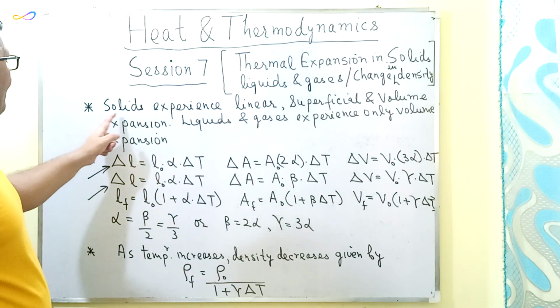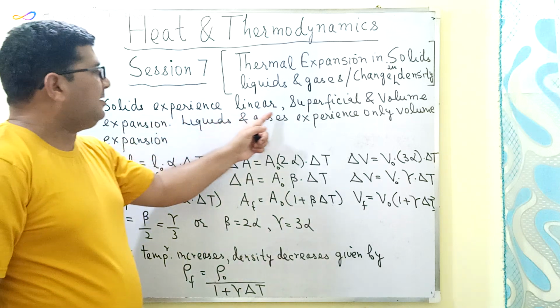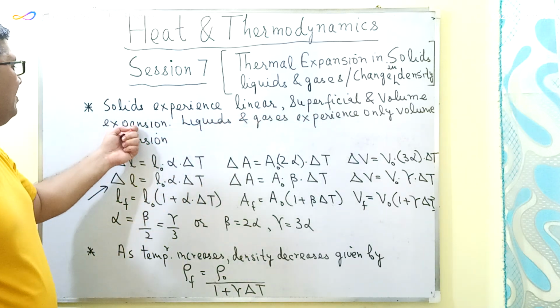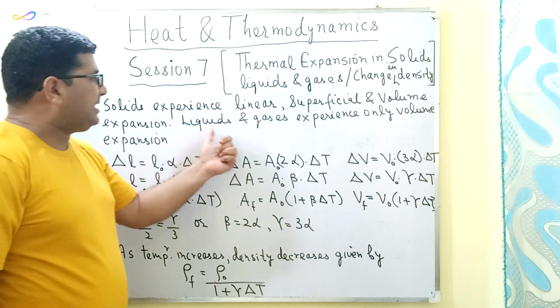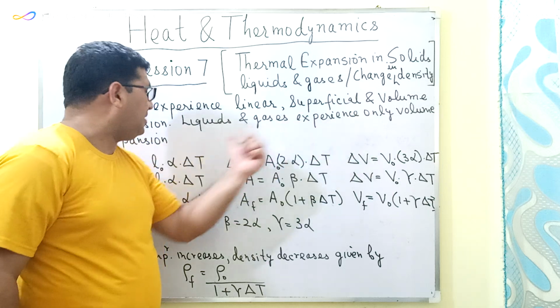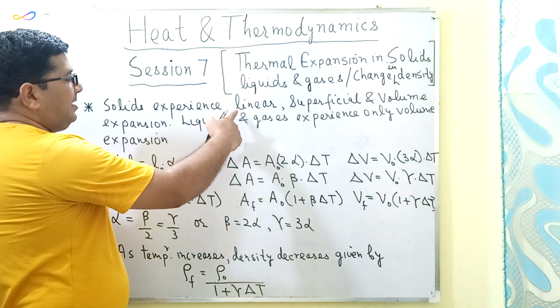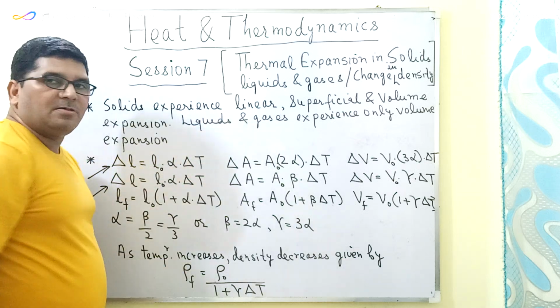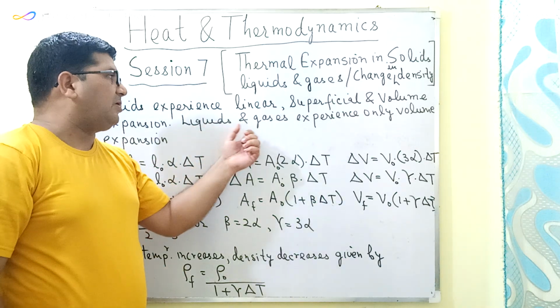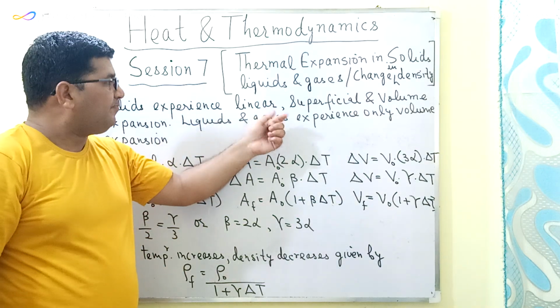The first point is that solids experience linear, superficial and volume expansion, whereas liquids and gases experience only volume expansion. Thermal expansion along one dimension in solid objects is called linear expansion.